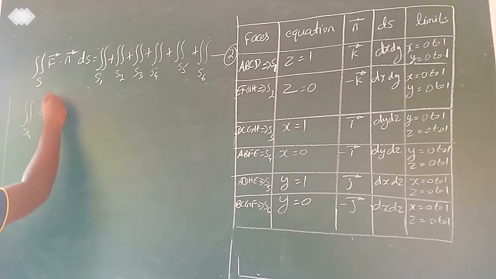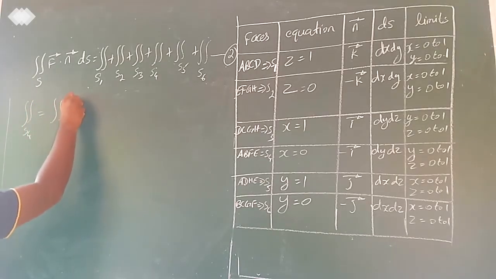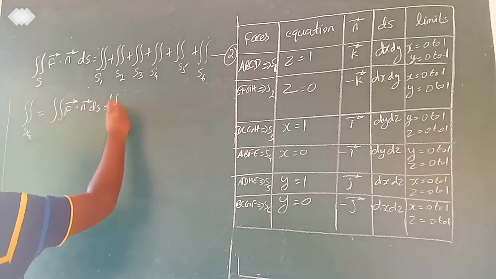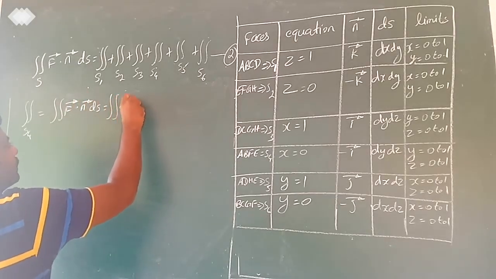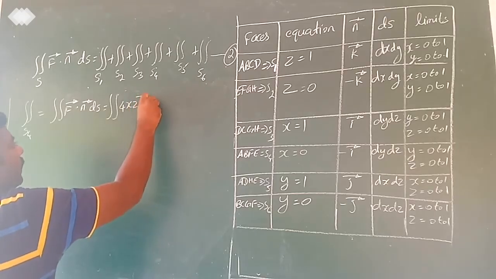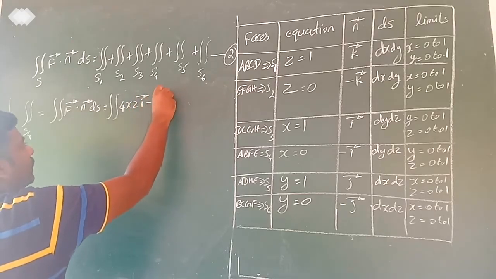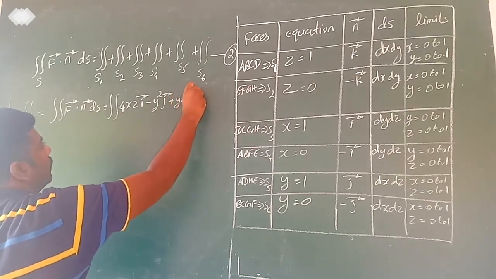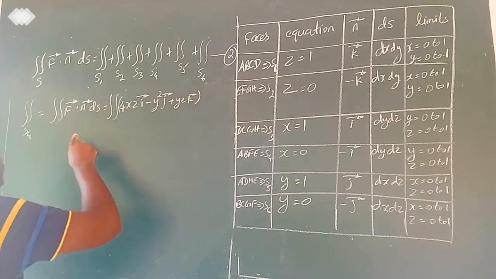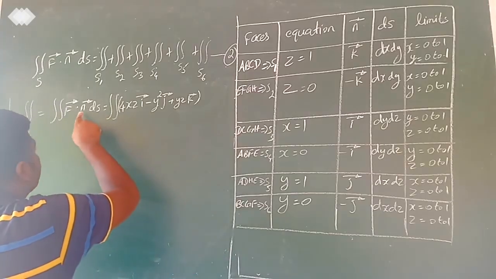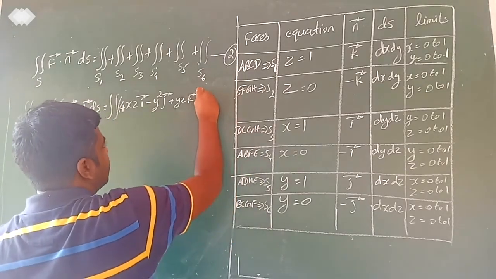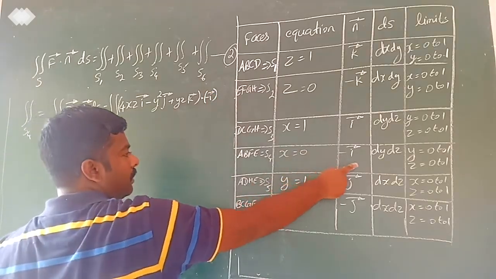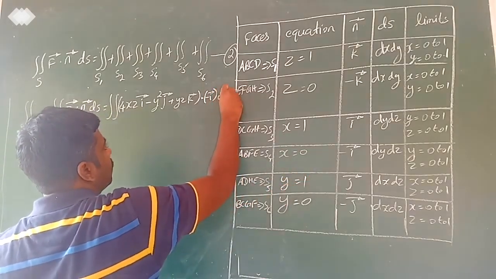S4: the double integral of f vector dot n vector dS equals the double integral of 4x i vector minus y squared j vector plus yz k vector. And for the face S4, n vector equals minus i vector, therefore minus i vector dS equals dy dz.